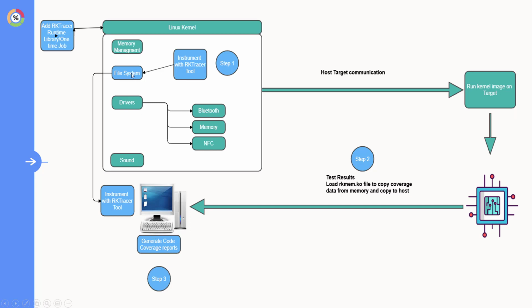When we instrument this file in the project working directory, intermediate files will be generated, and this is where we need to have this code coverage file and generate the report. So it's a three-step process: instrument, get the code coverage from the target, and generate the report. We'll see how to do it in the live demo.